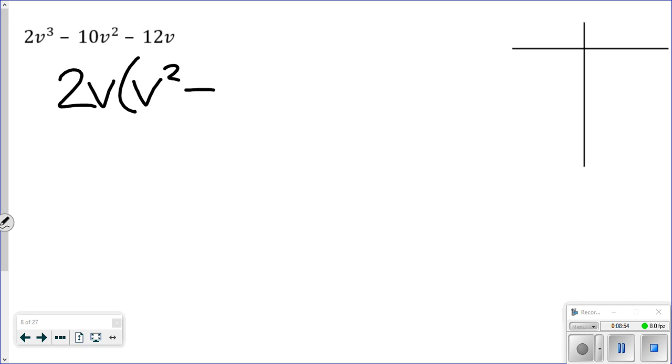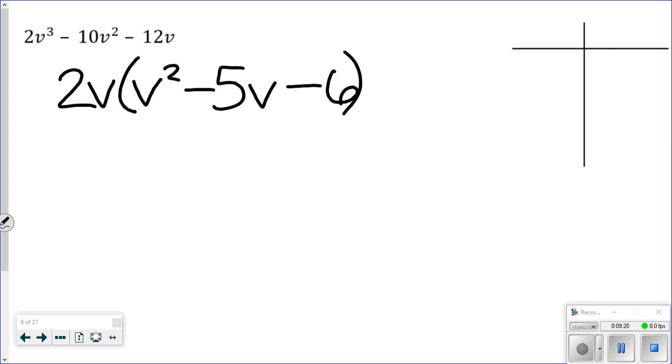Right? Divide our coefficients, subtract the exponents. 10 divided by 2 is 5. V squared minus one of them is 1v left over. 12 divided by 2 is 6, and v to the 1 minus 1 is 0. V divided by v cancels each other out.